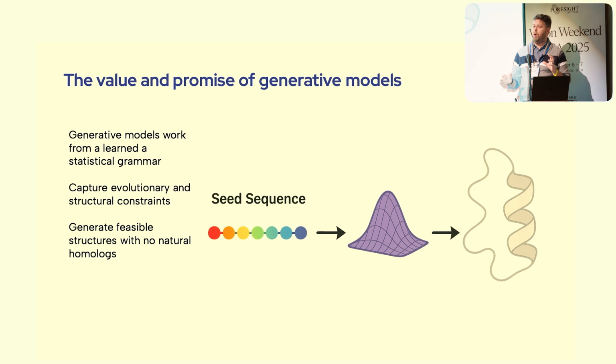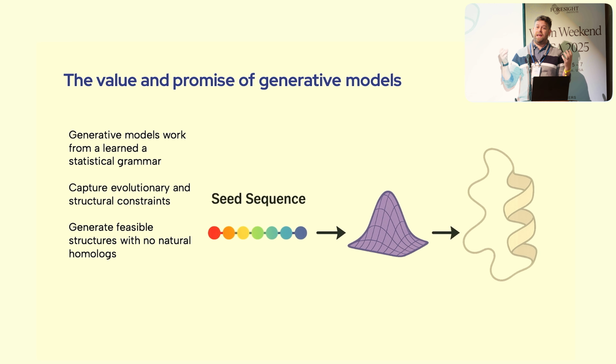So for those of you who know a bit about how generative models work, generative models have an internal statistical worldview representation of some set of phenomena. In predictive structural biology, that's a statistical grammar that uses evolutionary and structural physical constraints to say what's a feasible structure based on a starting seed sequence.